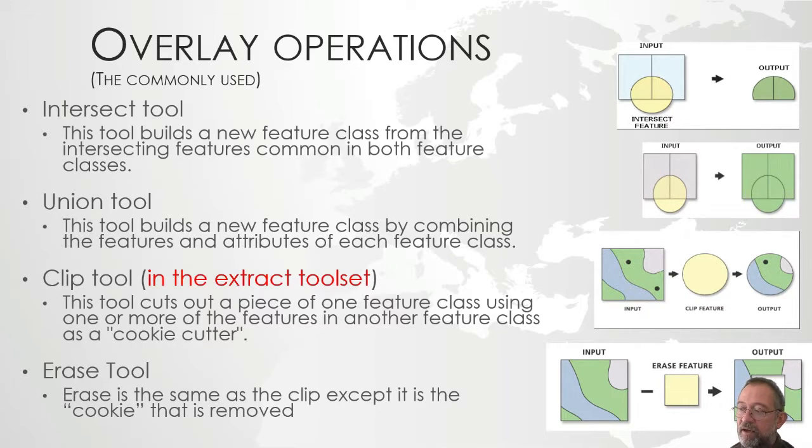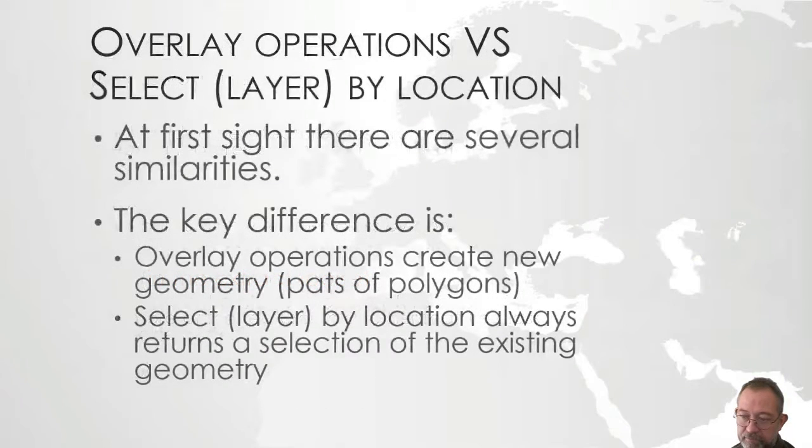We can create an area and then return those that are completely inside. That might seem as if that would be the same as a clip operation. However, while they do almost the same, there are some very important differences.